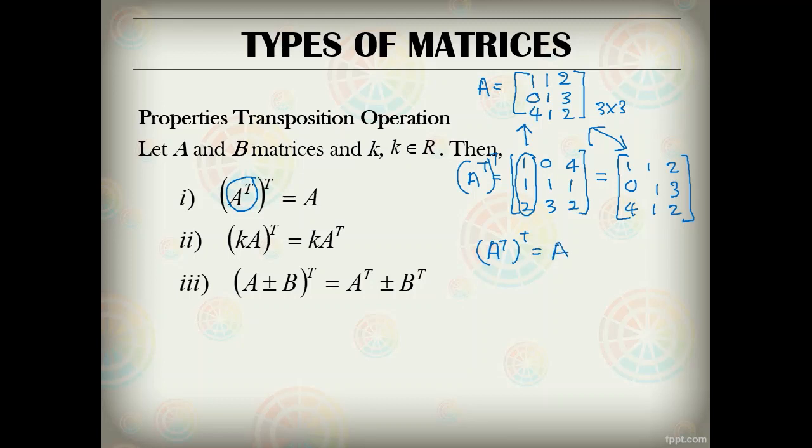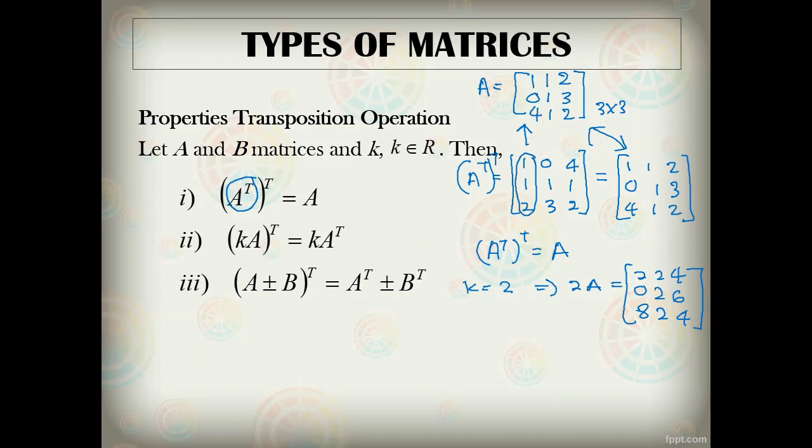Okay, so by using the same matrix A here, let's say you have a scalar k equal to 2, you multiply it to A. So I multiply 2 to matrix A first, and you get 2, 2, 4, 0, 2, 6, 8, 2, 4.